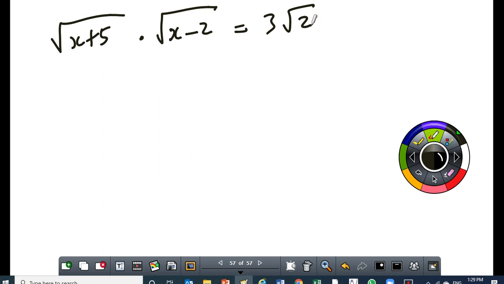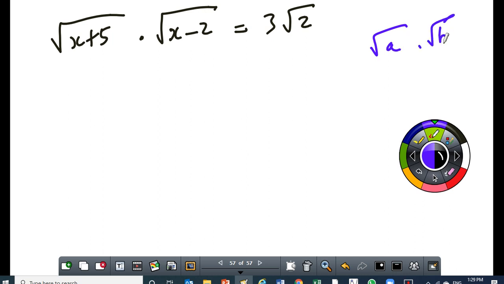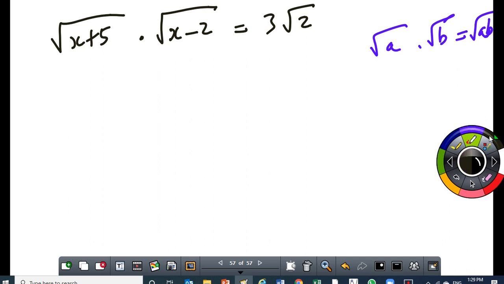There is multiplication between those two sets. So if I want to multiply them, I have to go back to the law of multiplication of sets. The square root of a times the square root of b will give you the square root of ab. That's the law of multiplication of sets.